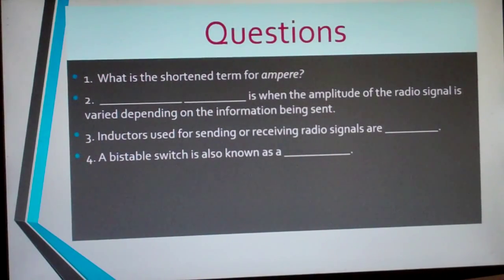Number 3. Inductors used for sending or receiving radio signals are blank. Number 4. A bistable switch is also known as a blank.